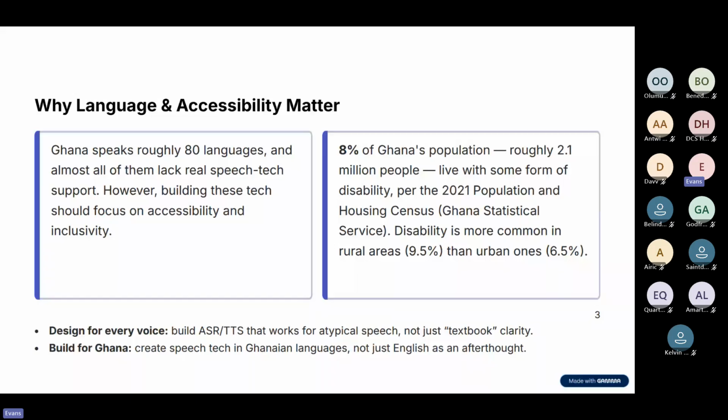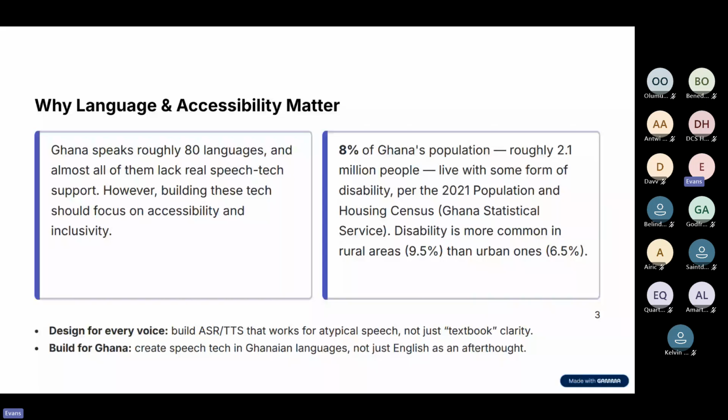What that means is people who can't speak English are taken out of this technology. They can't fully utilize it. So we want to bridge that gap for them to also feel included. That's where the inclusivity part comes in.